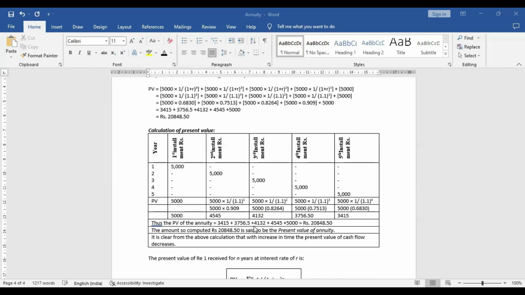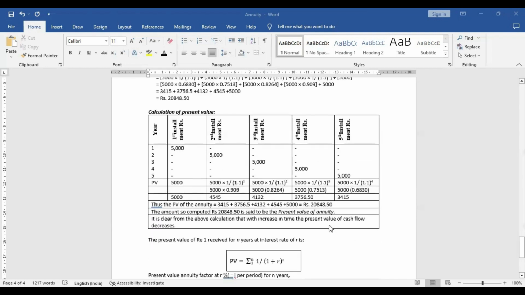And this value has reduced to rupees 20,000. That means, although you have deposited rupees 5,000 for 5 years, that makes 25,000, at the end of the 5th year the depreciated value, the present value of annuity, is 20,848 only. Right?